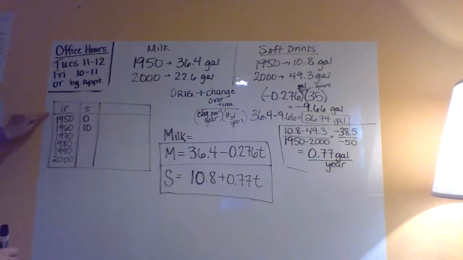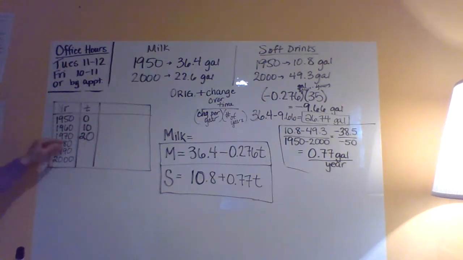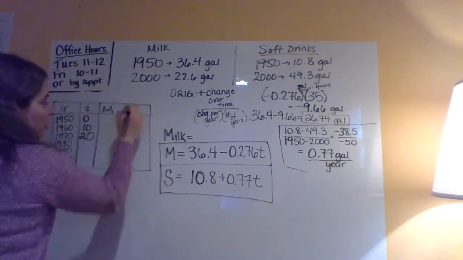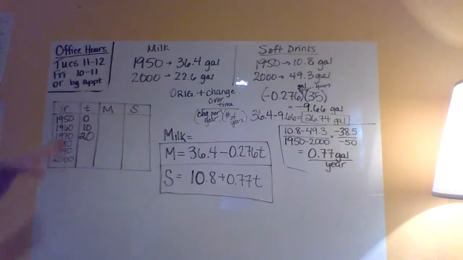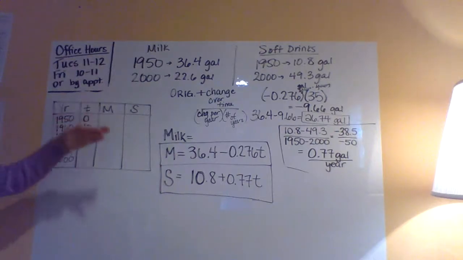It's how many years since 1950? So 1970, T would be 20, right? And so on. And then we have the milk amount and the soft drink amount in gallons. Okay, so I'm going to have you do some of these by yourself to fill it in, but let's do one or two together. So let's do the first row together. Well, we'll do the first two rows.